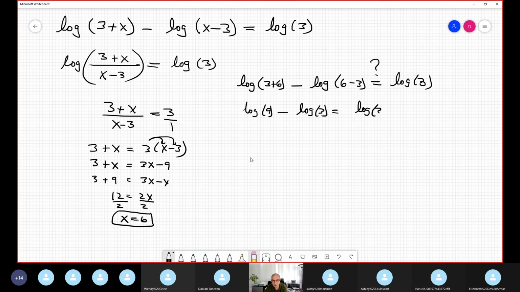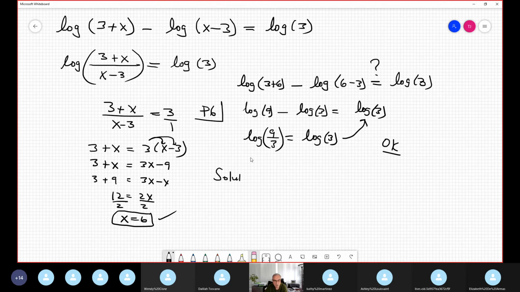And it's also 3. And if you apply property number 6 here again, you condense this into only one logarithm, it is 9 over 3. Obviously it is equal to 3. It is equal to this guy. So everything is okay, checking, and the solution is 6. Solution equal 6. Do you understand this or no? That was easy, eh?